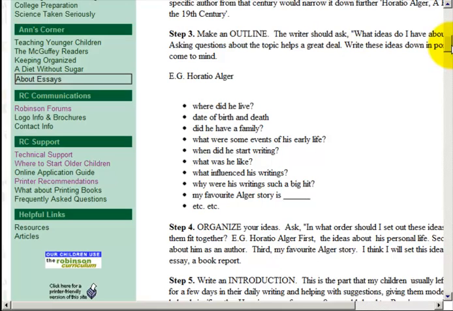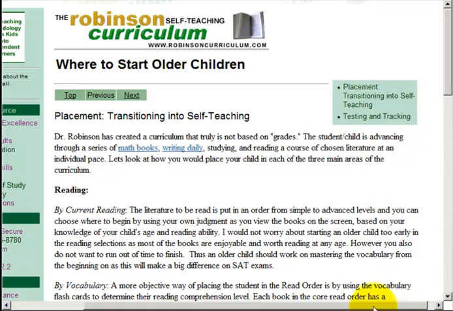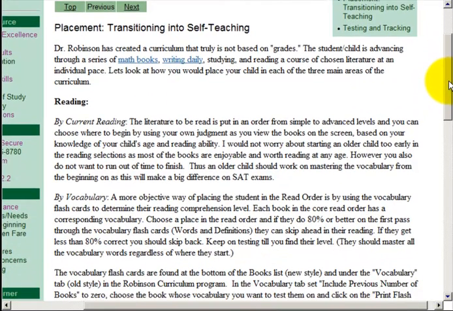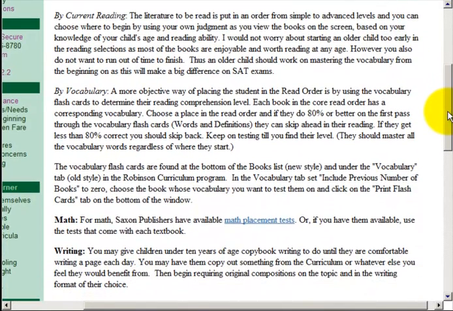Another resource that we have is here, Where to Start Older Children. And the article on this page gives you some methodologies on how to place them in reading, in math, and in writing.